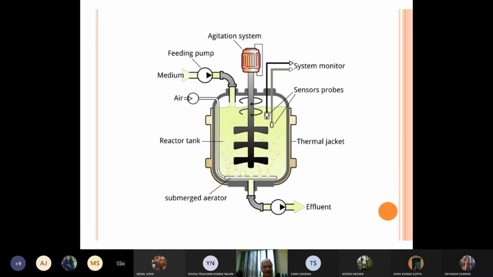So what we do is either by passing steam into this, we heat it. By passing normal tempered water, we keep it at 33, 35 degrees. And by passing through this fermenter thermal jacket, we even cool it down if you want to chill it.